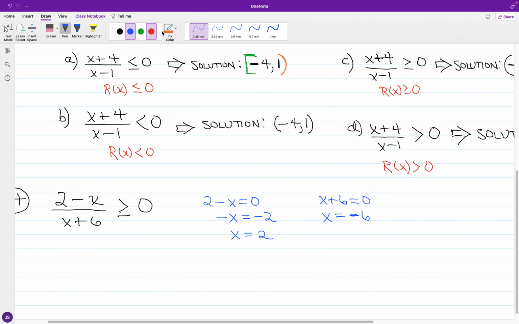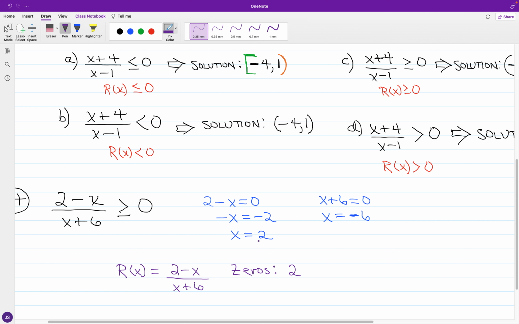Okay, and so for what we have, again, just setting the foundation. So we got our rational function again, with 2 minus x all over x plus 6. And we have the zeros.